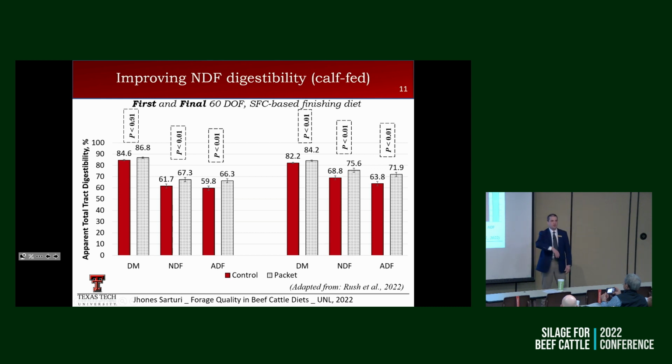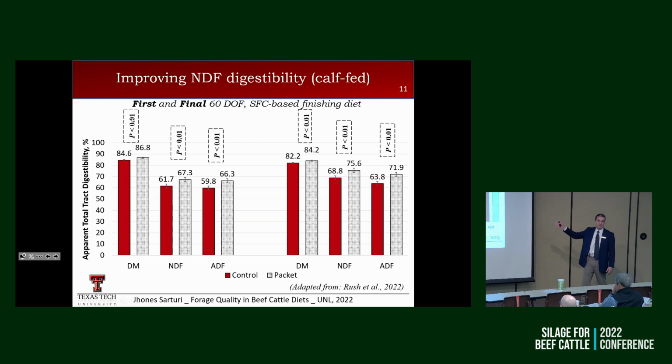Naive calves coming from grass. These calves are coming from New Mexico and will stay in a calf-fed system inside the feedlot 230 days. Is there a possibility to increase that fiber digestion at that beginning phase, those 60 days at the beginning, right after arrival, and then on the final 60 days as well?